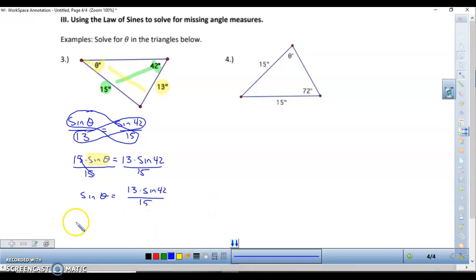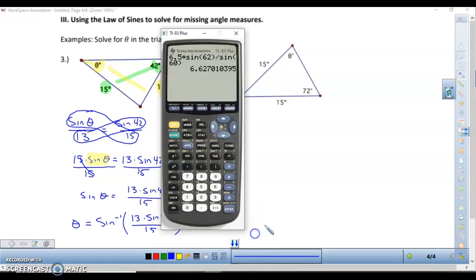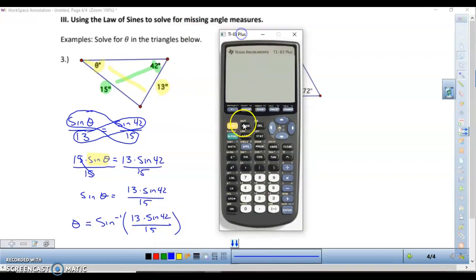So in my calculator, I'm going to do the second sine option because I want the inverse sine. And inside of that, I'm simply going to put this entire fraction. So in our calculators, here we go. I've got second sine, 13 times the sine of 42.